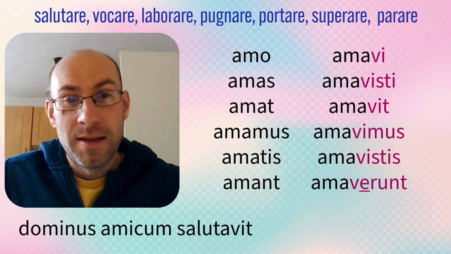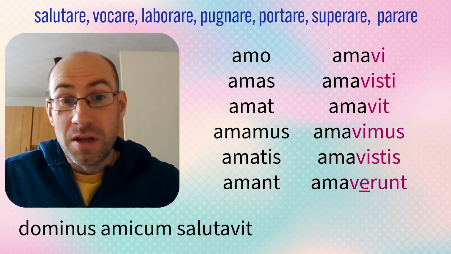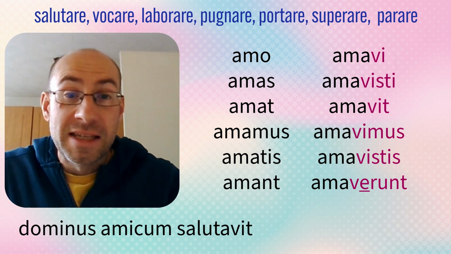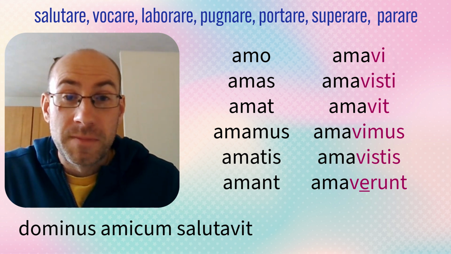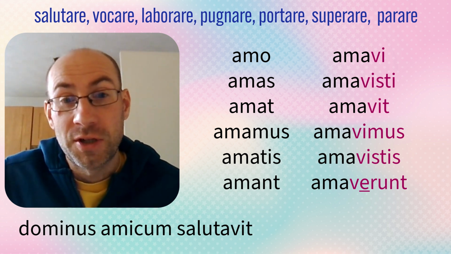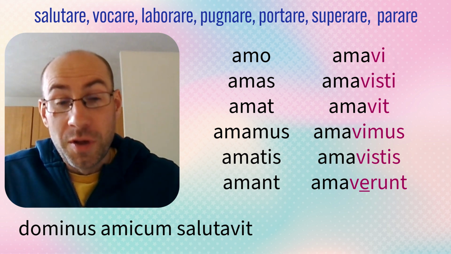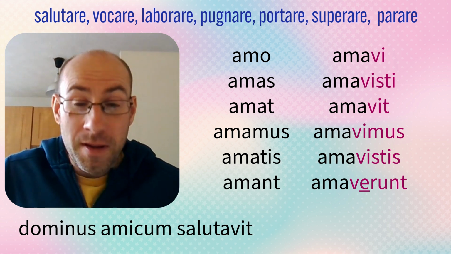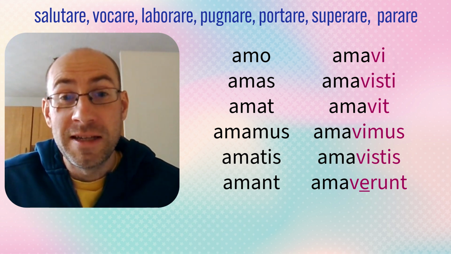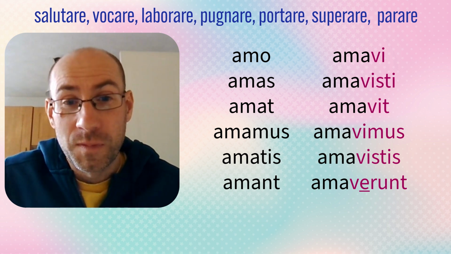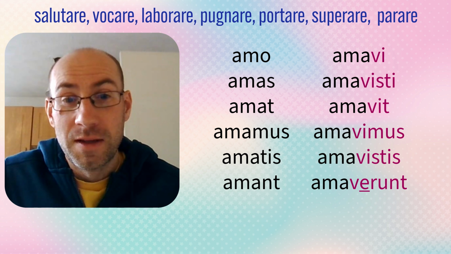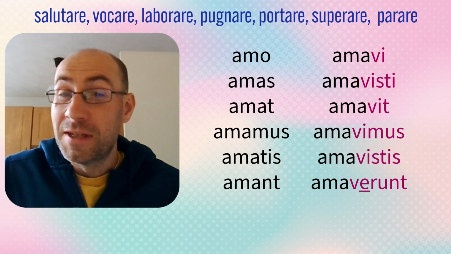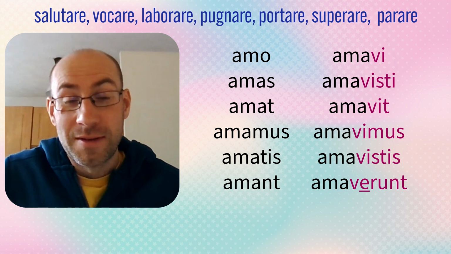Dominus amicum salutavit. Or you can put the friend first as the accusative, amicum dominus salutavit, because we know from the endings who's doing the action. Let's do it first person. I greeted the boys. The boys, accusative. So the nominative will be pueri. Accusative, pueros.